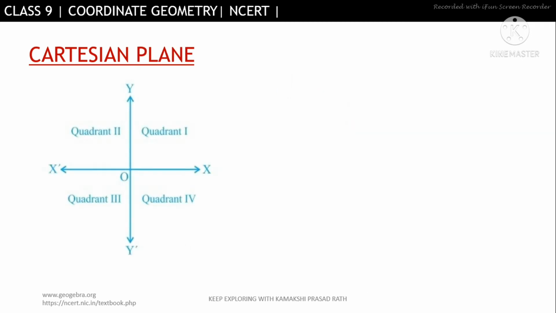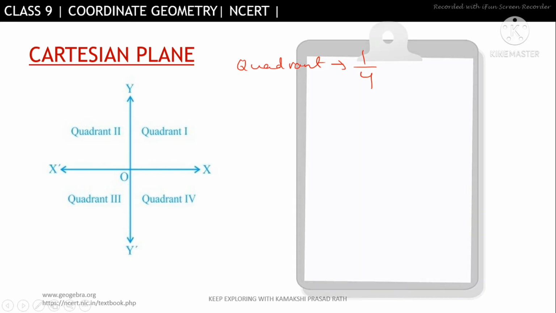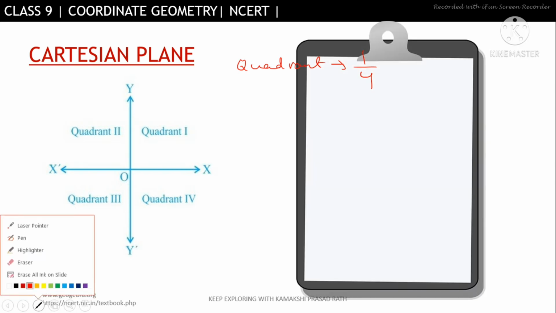Now as you can see, the total Cartesian plane can be divided into 4 quadrants. Quadrant means 1/4, one part out of 4 parts. You should understand this. So a plane surface can be divided into 4 parts.